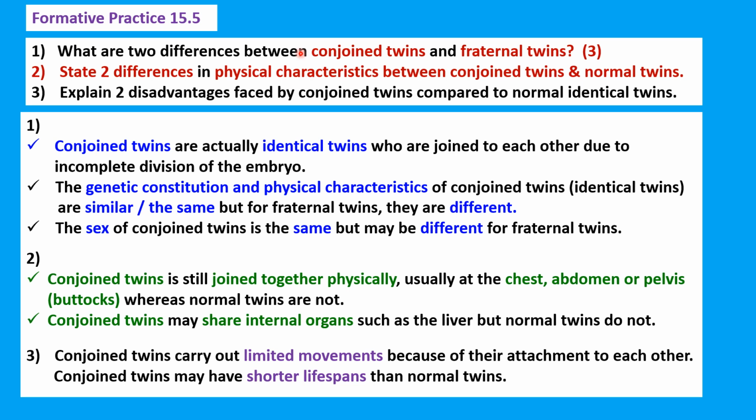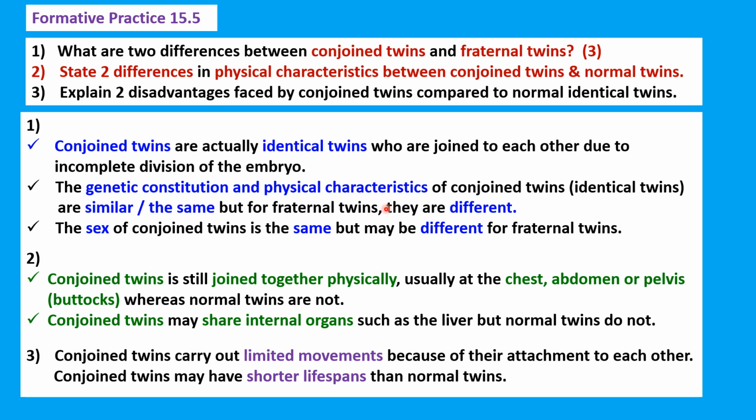Transformative practice 15.5. Number one, what are two differences between conjoined twins and fraternal twins? Right? So conjoined twins are actually identical twins, which are joined to each other due to incomplete division of the embryo. Okay, so we have to clarify that first. And then what are the two differences?